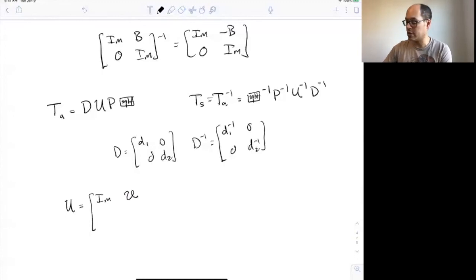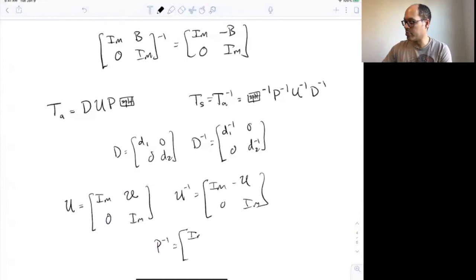And so the U inverse is IM minus U, IM. And similarly, the P inverse, if you remember what our old P looked like, is IM, minus P, like that, 0.